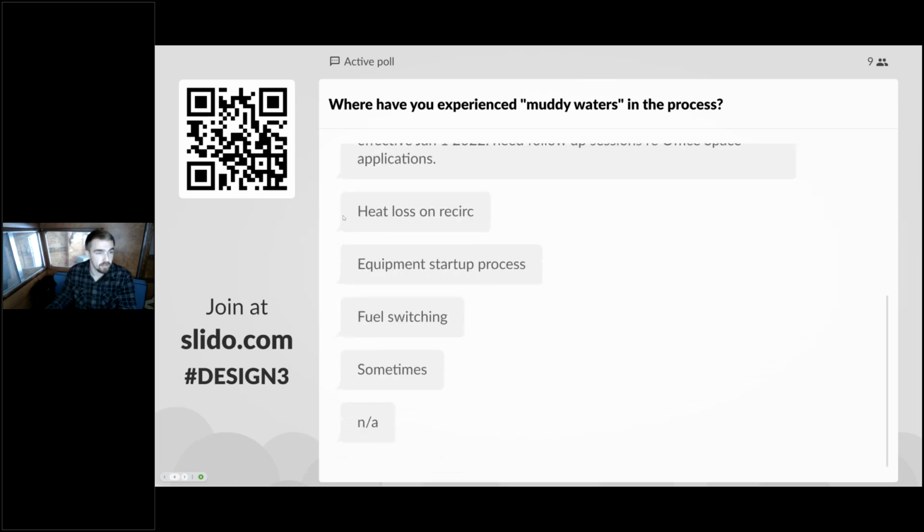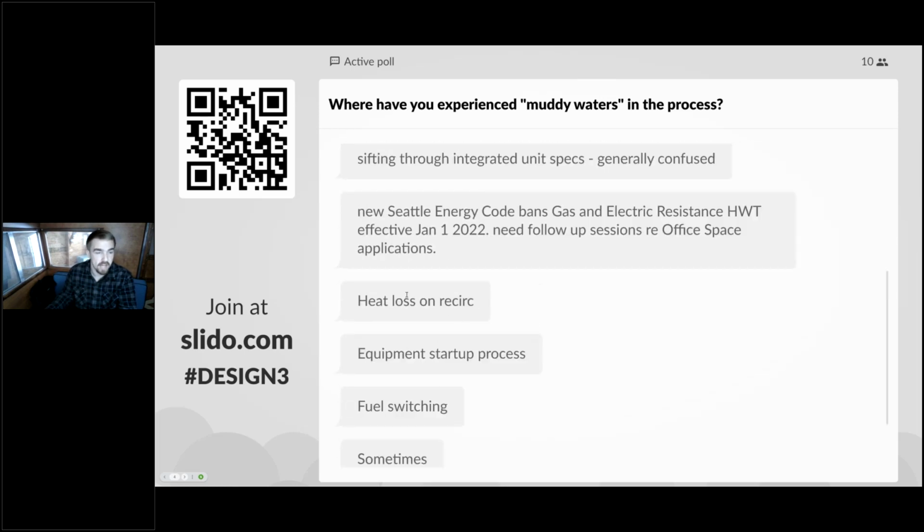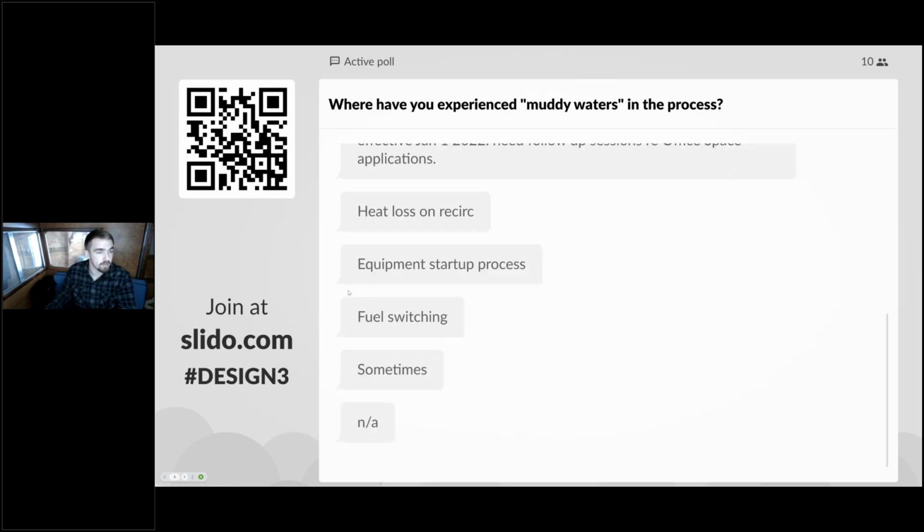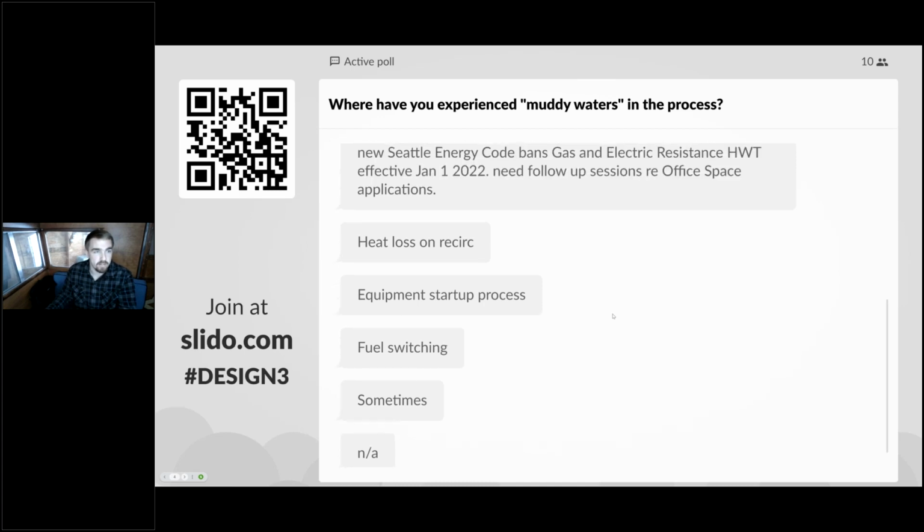And heat loss on recirc is a big thing to tackle with these heat pumps, and there are several different configurations depending on your application that we can implement there. Equipment startup we're going to be going over today, as well as fuel switching, which is the big driver for a lot of these heat pump applications. So this is all really great feedback that we can definitely address in a lot of what we're talking about today. This is really exciting.